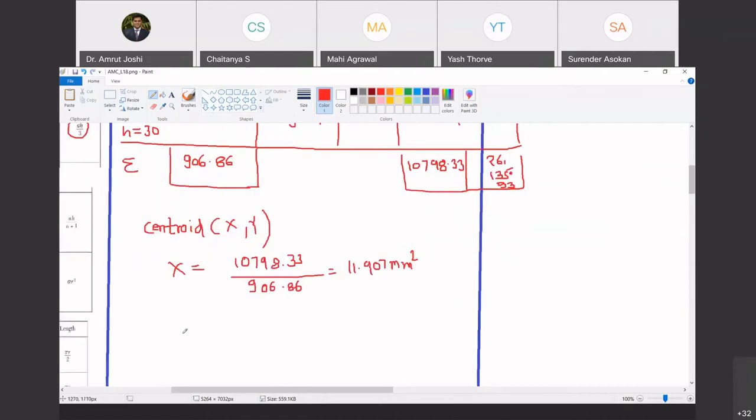And what is Y bar? Y is 26,135.53 divided by 906.86. Happy? Yes. Sir, it's 28.82.